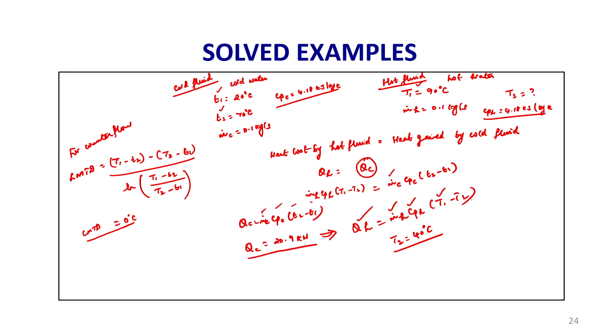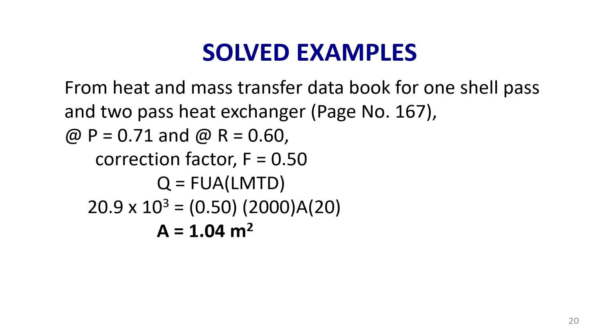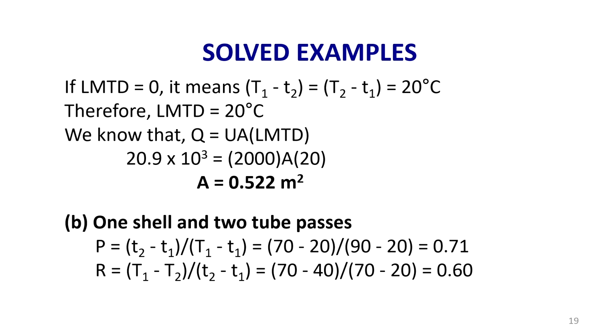So, whenever LMTD is 0, this is very important, capital T1 minus small t2 is equal to this one. Let me underline this clearly, otherwise the letters are not visible.